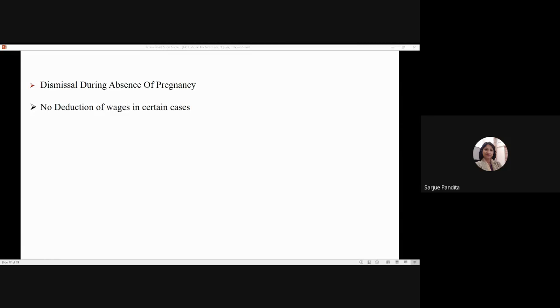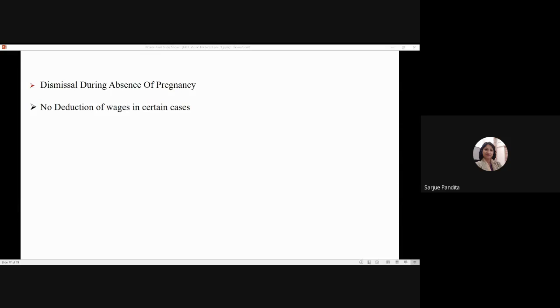Then the discharge or dismissal of a woman at any time during her pregnancy, if the woman, but for such discharge or dismissal, would have been entitled to maternity benefit or medical bonus, as referred to in section 8, shall not have the effect of depriving her of the maternity benefit or medical bonus.